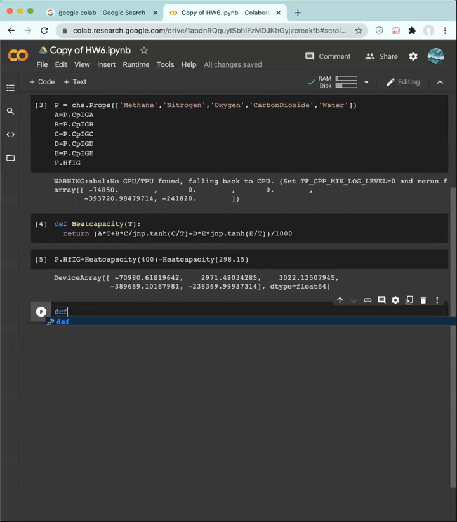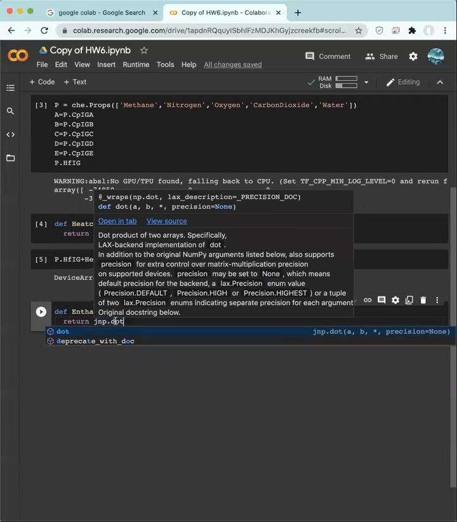And then we want to find the enthalpy. And that is dependent on the moles and the temperature. So with this, we want to return JNP.dot. So this will give us the dot product of two arrays.